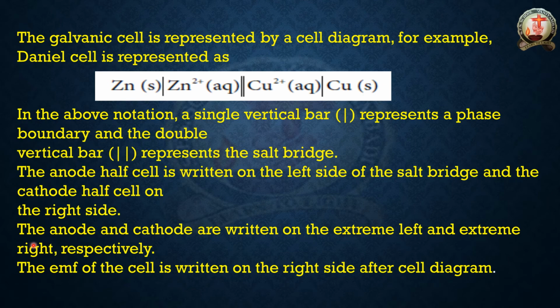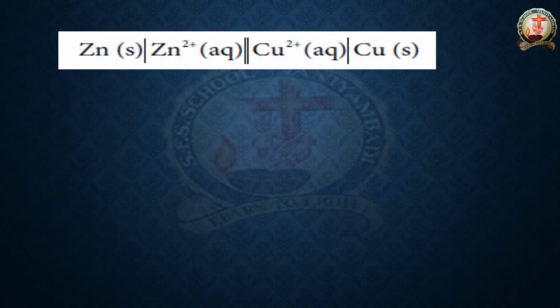The anode and cathode are written at the extreme left and extreme right respectively. This is the extreme right and this is the extreme left. We write them as anode and cathode. Inside are the chambers containing solution. So the total EMF of the cell can be written on the right side after the cell diagram.